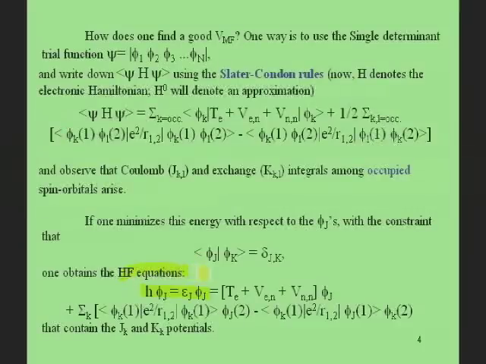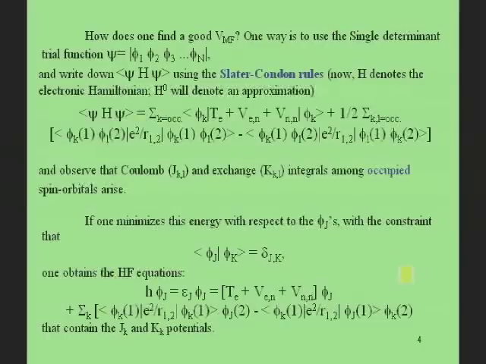And those equations are called the Hartree-Fock equations. We generally write them as little h phi j equals epsilon j phi j. But h contains kinetic energy, electron-nuclear attraction potential, nuclear-nuclear repulsion potential, then acting on phi j. But h also contains these so-called Coulomb minus exchange potentials or operators. And I'm going to go into more detail about them in the next slide in a minute.